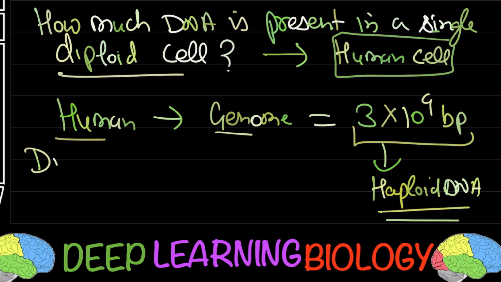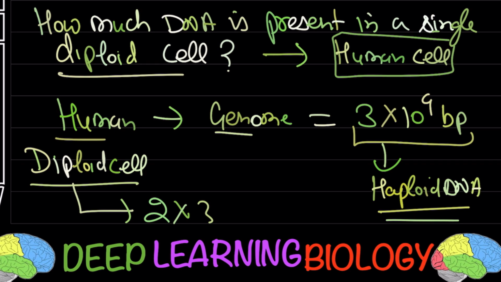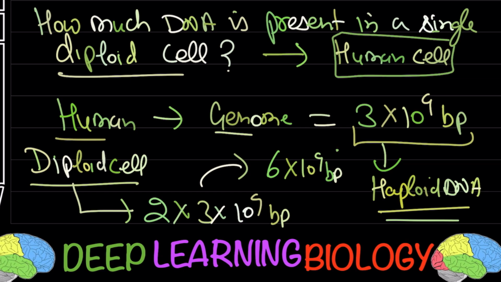So for a diploid cell, keep in mind, it will be 2 into 3 into 10 to the power 9 base pair. If you calculate, it will be 6 into 10 to the power 9 base pair. So the DNA present within the diploid cell is 6 into 10 to the power 9 base pair.